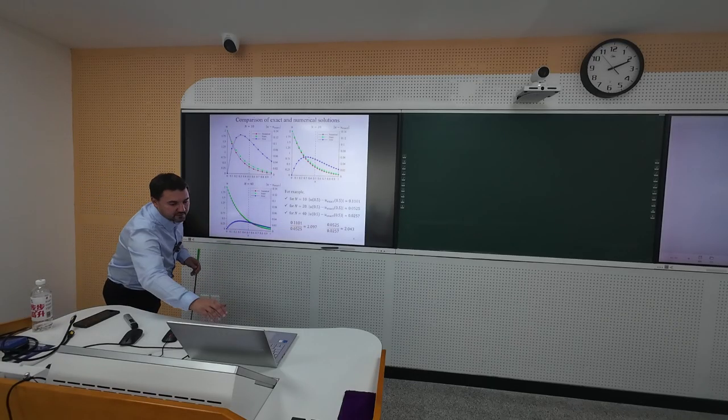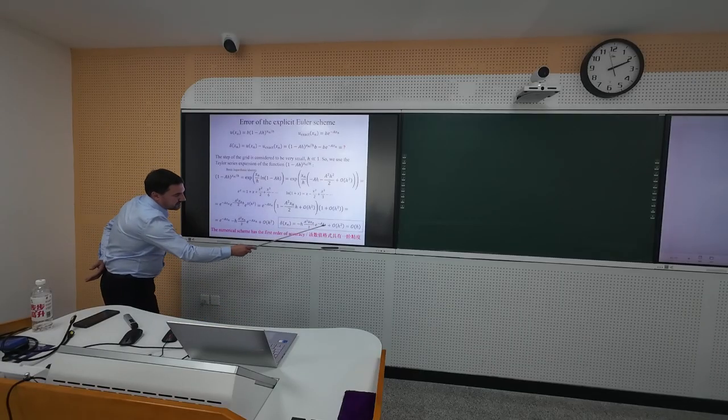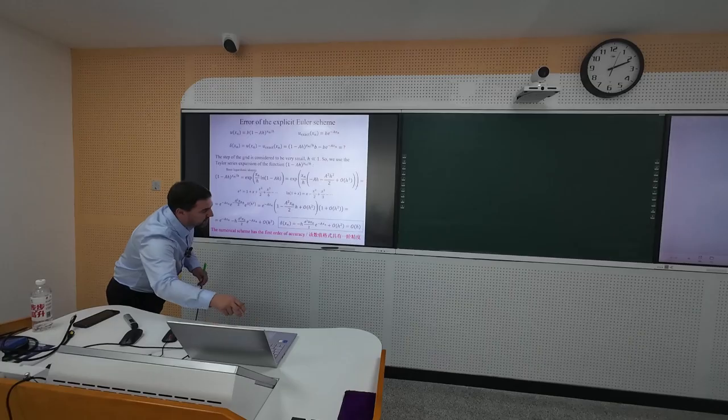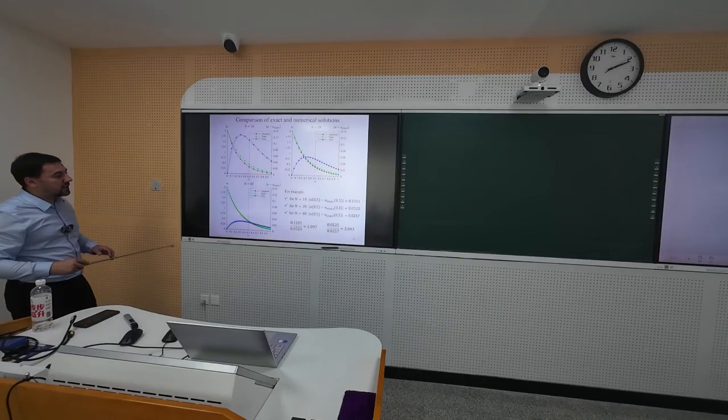But from the theoretical point of view, it's not just h to the first power. You also have some additional terms. They are small, but anyway, they exist. If h goes to 0 and becomes smaller and smaller, this value gets closer and closer to 2.